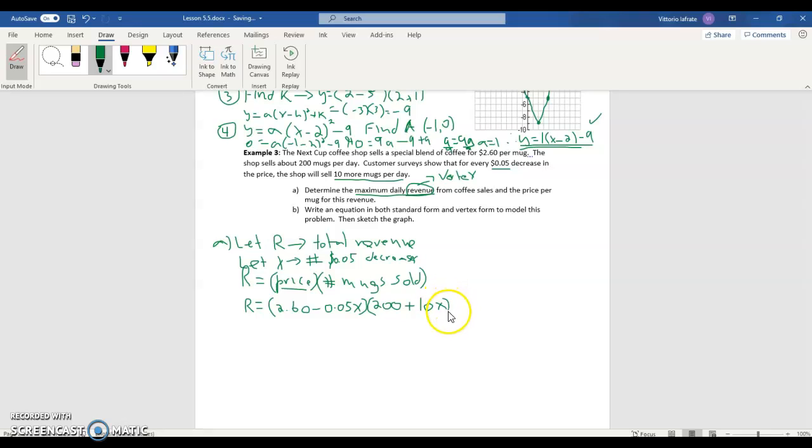So every time we decrease the price by 5 cents, we're going to increase the sales by 10 mugs per day. So right now this is our total revenue per day. That's our equation written out. And we need to find the maximum daily revenue, which means the vertex. So this over here is our factored form.